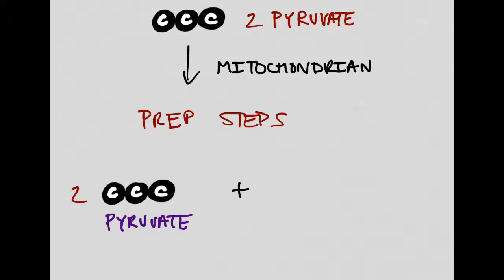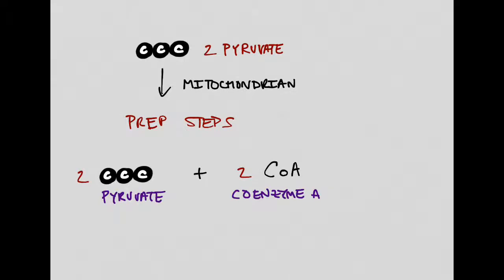And then there's another molecule here called coenzyme A. You can think of this coenzyme as a helper molecule. I'm just going to abbreviate it here and call it CoA. And in addition, we also have 2 NAD+.